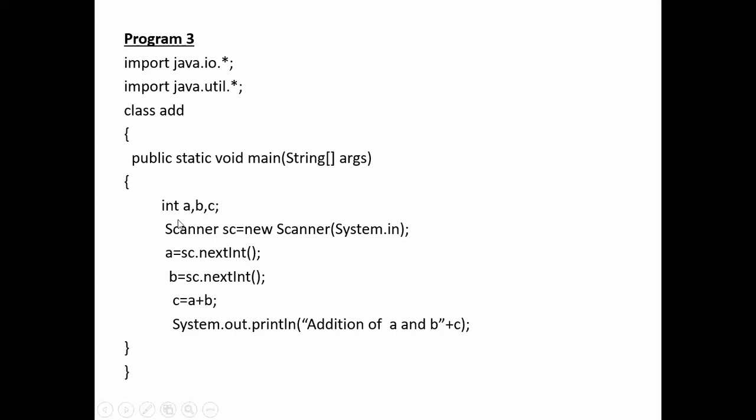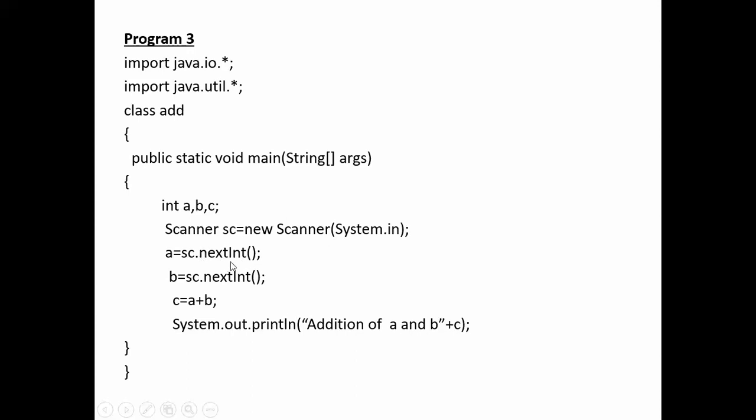When you are ready to accept an integer value in Java, we have a method called nextInt. You should be careful when you are typing nextInt. If you observe, this nextInt is a combination of two words.